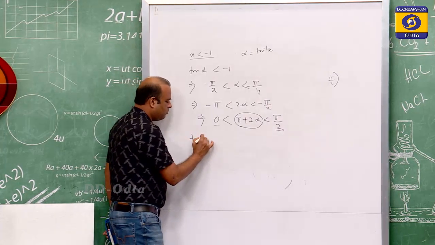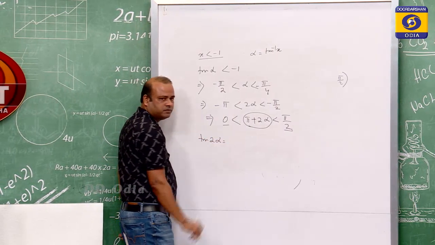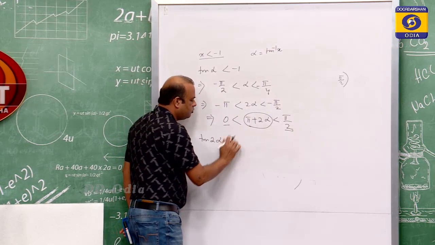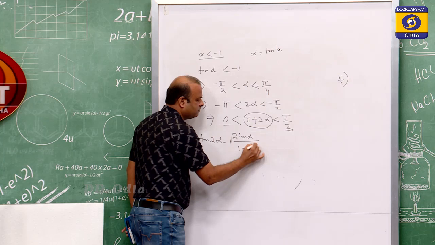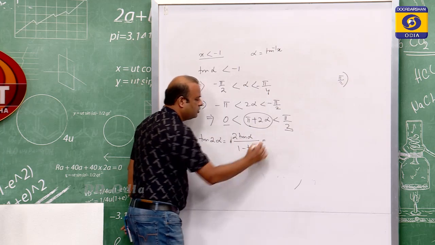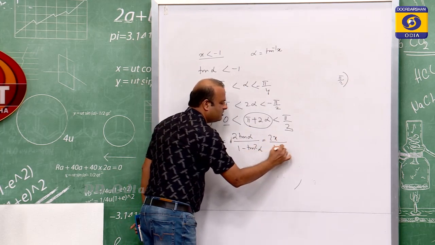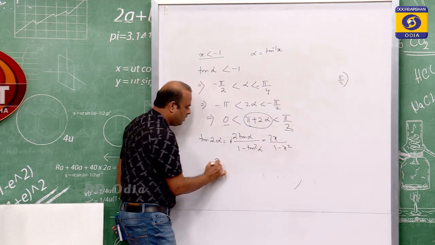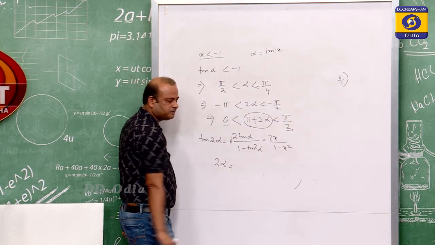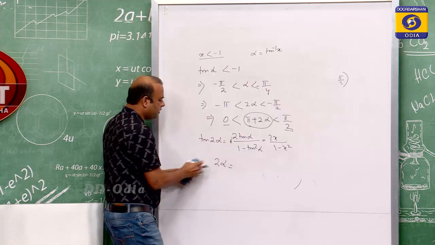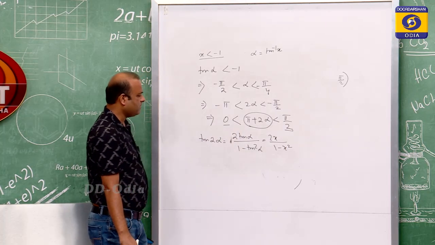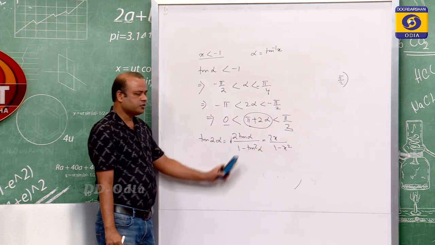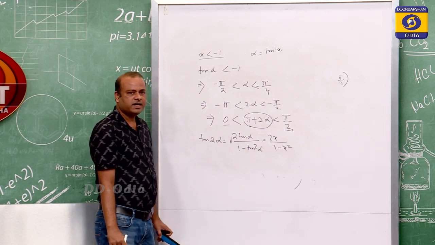Next use the formula tan 2 alpha is equal to 2 tan alpha by 1 minus tan square alpha, which is equal to 2x by 1 minus x square.